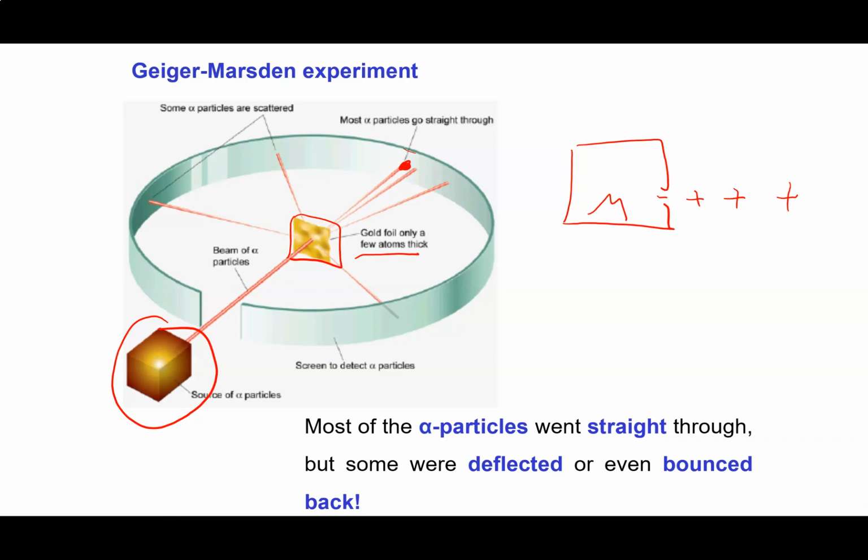If that was the case, then the plum pudding model was a reasonable explanation for the structure of the atom. What he found was this: most of the alpha particles do go straight through. A few are scattered at modest angles. Some, not many, but a decent number, are scattered actually back behind the gold foil. So what does this mean?